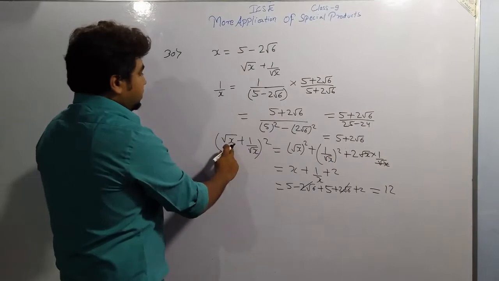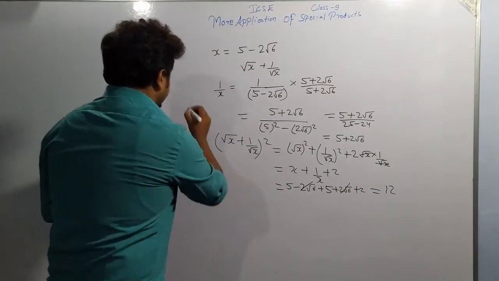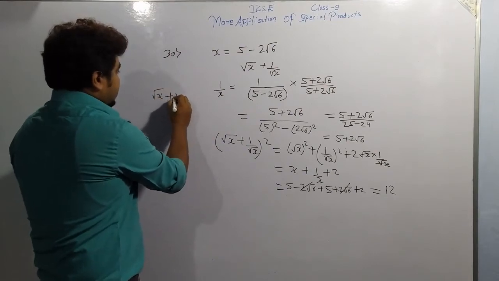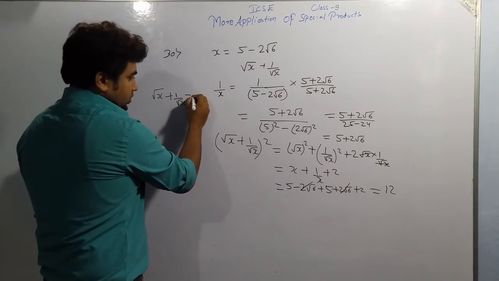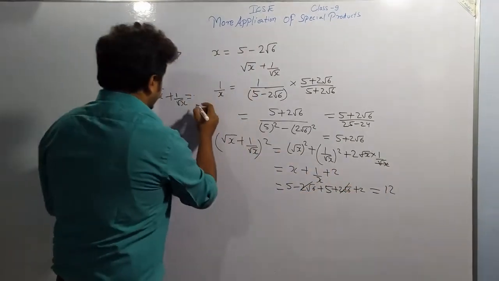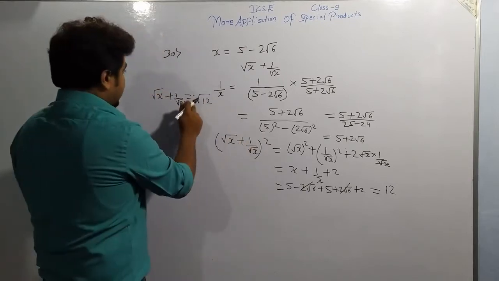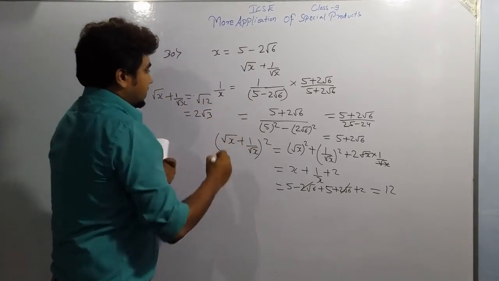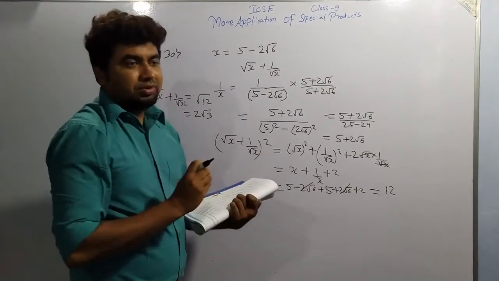We have to find the value of root x plus 1 by root x. So root x plus 1 by root x is equal to root of 12, which comes out to be 2 root 3. So this was the answer for root x plus 1 by root x.